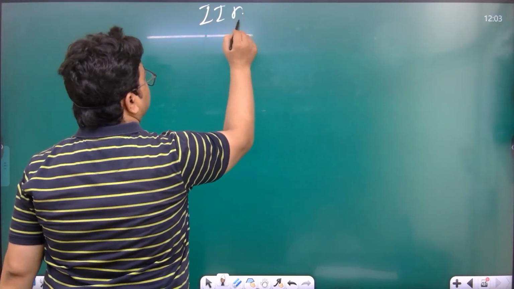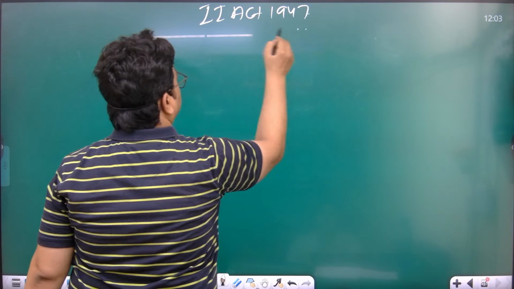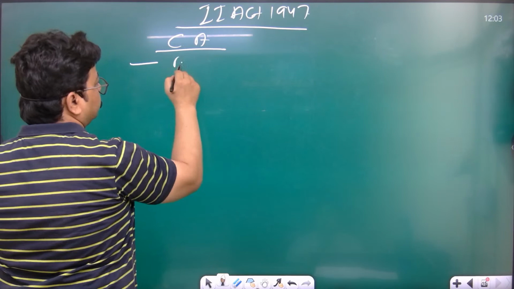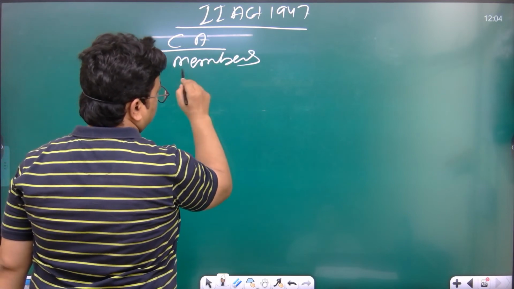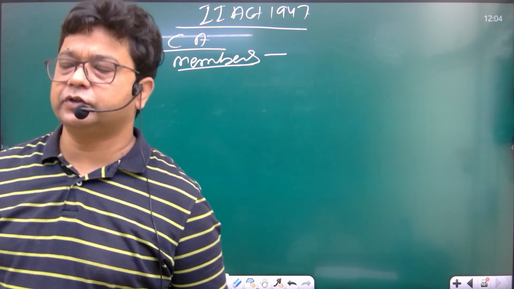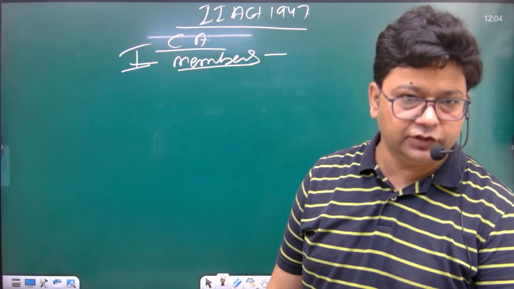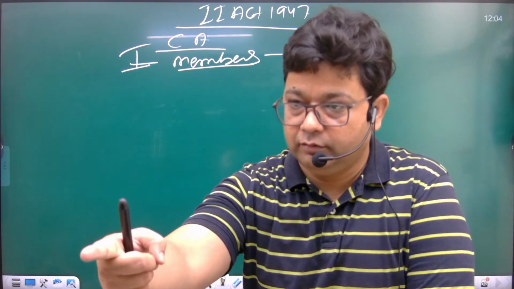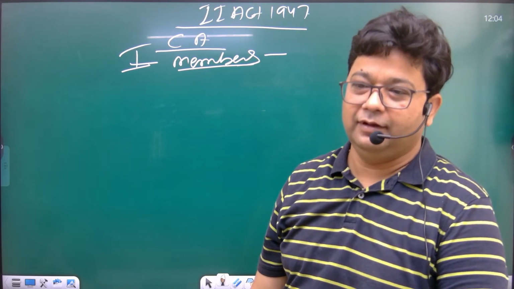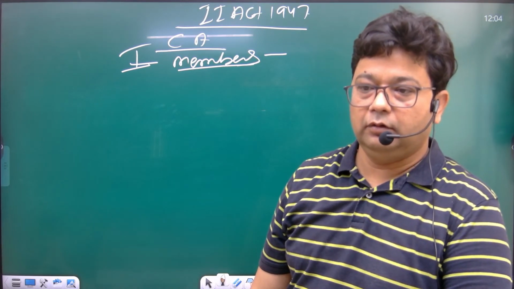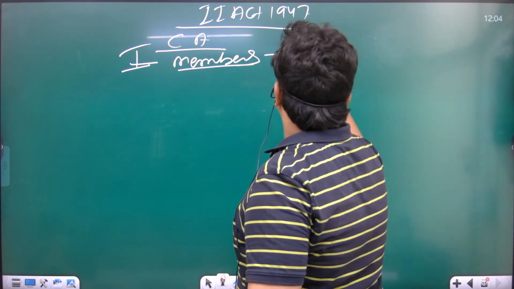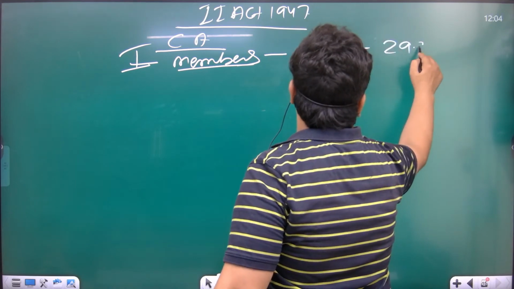So the India Independence Act 1947 has made changes to the Constituent Assembly. First, in terms of membership. Did the membership change? Let us make it point-wise. In terms of membership, from 389 the membership came down to 299.